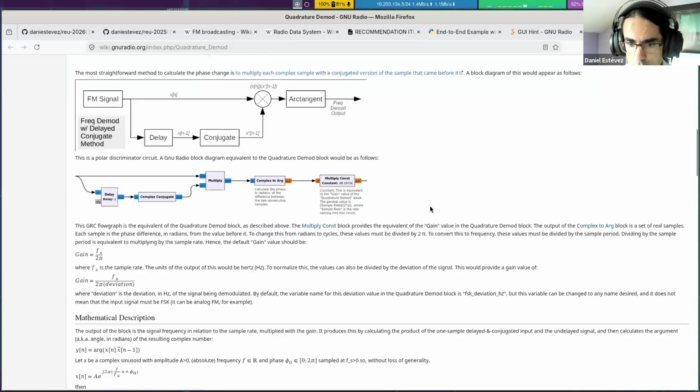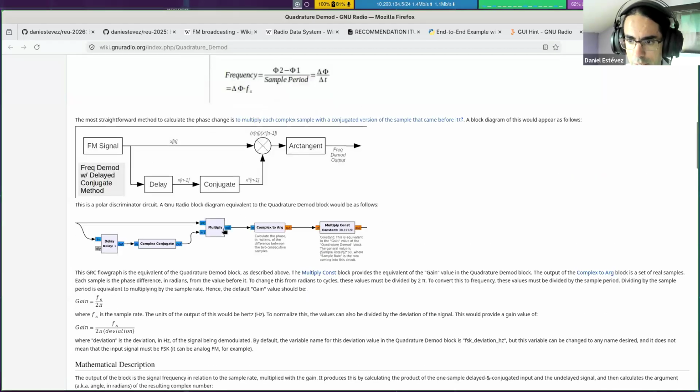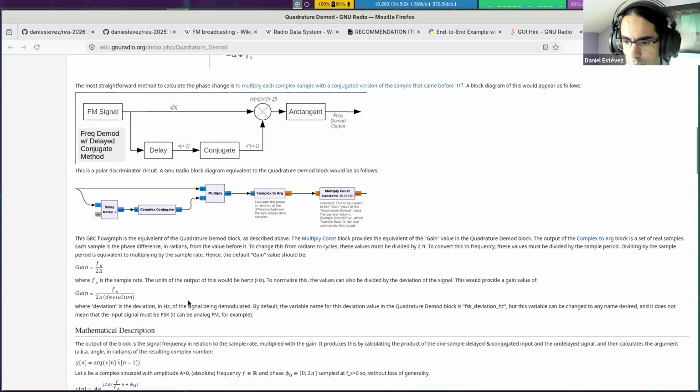That's probably explained somewhere here, like there is a phase divided by 2 pi. If we want to divide by the sample period, which is the inverse of the sampling frequency, we need to multiply by sample frequency. And then to convert from radians to hertz for the frequency, we need to divide by 2 pi. So that's the gain we would apply.